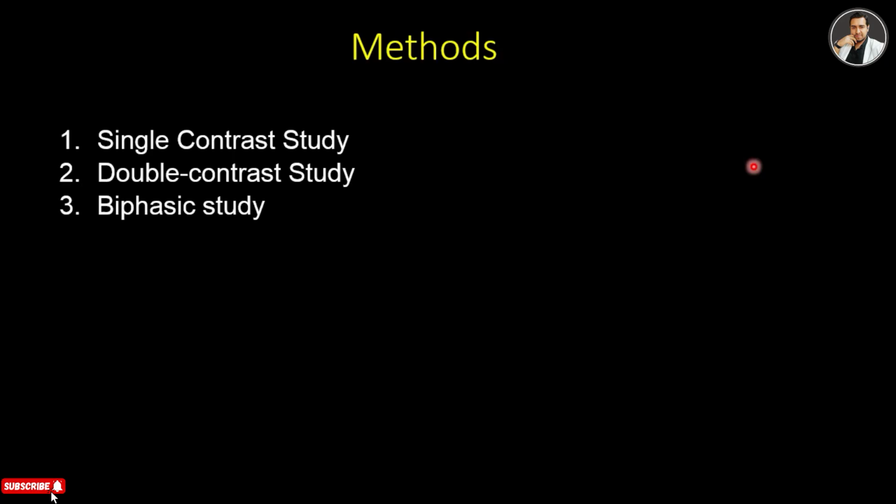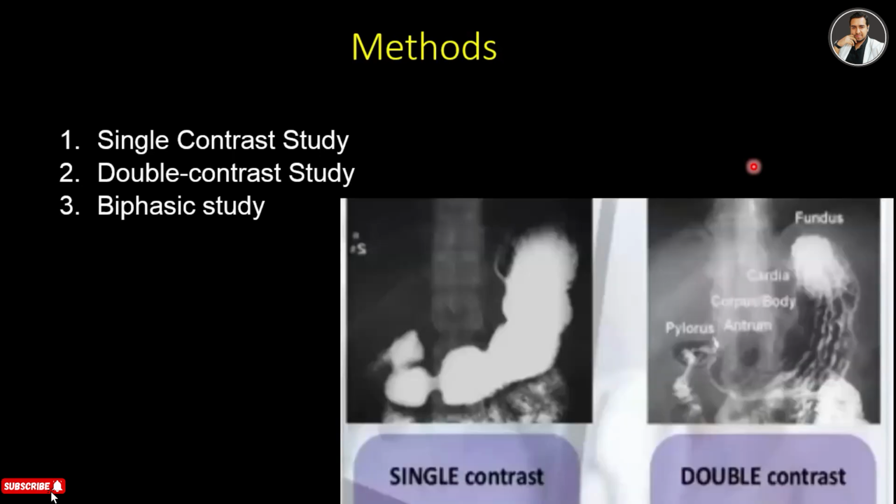That means barium sulfate works as positive contrast, and the gas producing agent produces gas, and they produce negative contrast in the image. And the biphasic study means that both studies are taken, single and double studied together.